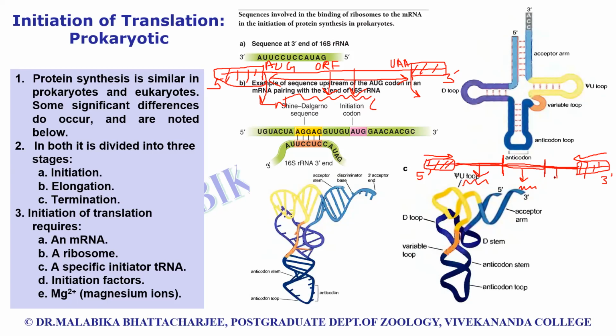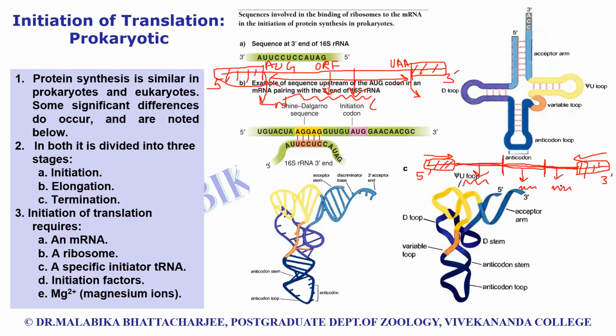So what do we see in this picture? We are seeing that a single mRNA having a common leader sequence and a common trailer sequence is having 3 different segments in the coding section, and each segment is coding for a different polypeptide.